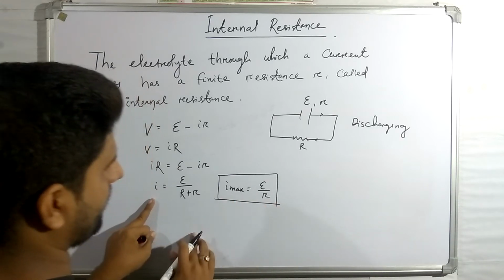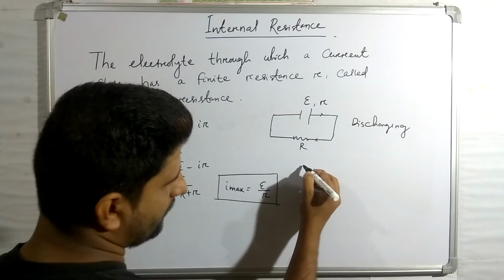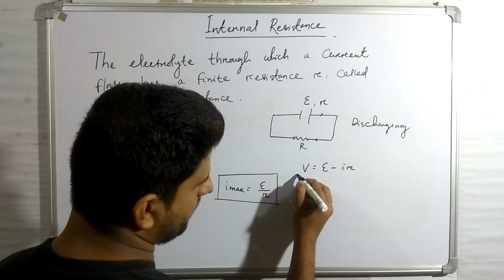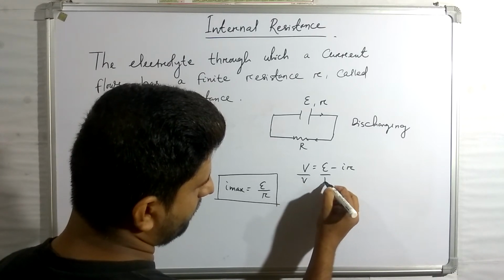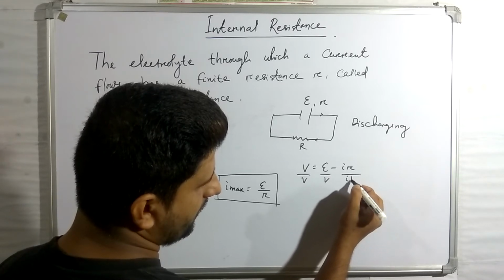This is the maximum current. If we divide by V on both sides, V divided by V is 1, and instead of V we can write IR.